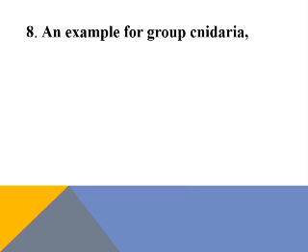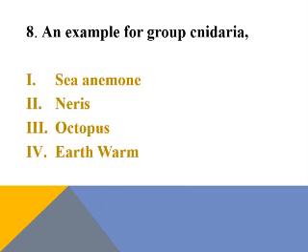Sea anemone, hydra and jellyfish are some common examples of animals in this group. So let's look at the answers. Out of sea anemone, Nereis, octopus and earthworm, the best answer should be the sea anemone. Nereis as well as earthworms belong to the Annelida group and octopus belongs to the Mollusca group.